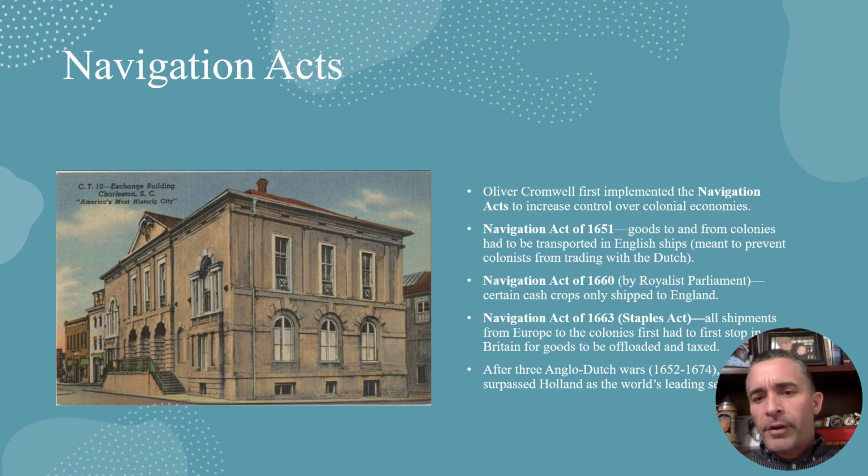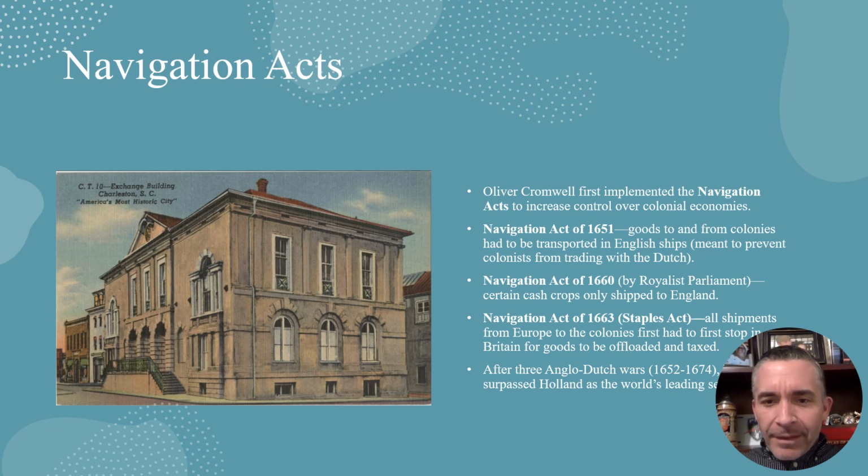This was also under Charles II, known as the Staples Act. That act required that all shipments from Europe to the colonies had to first go to a port in England. Ships had to be offloaded, all the goods had to be inventoried and taxed, and then shipped to the colonies.